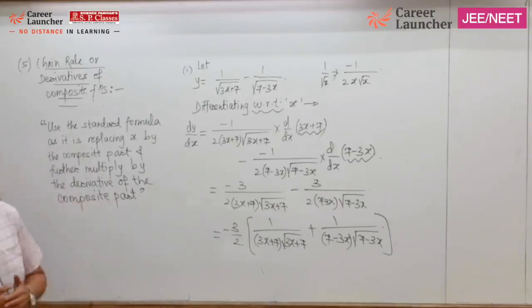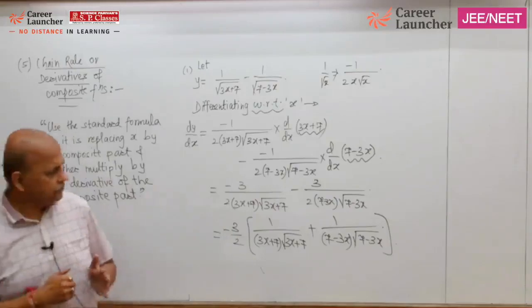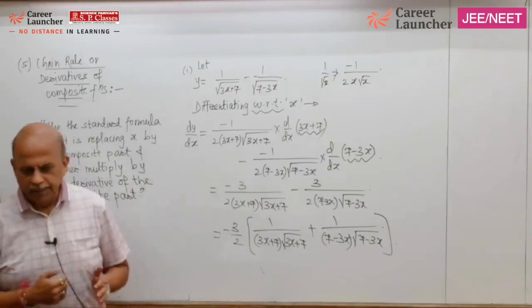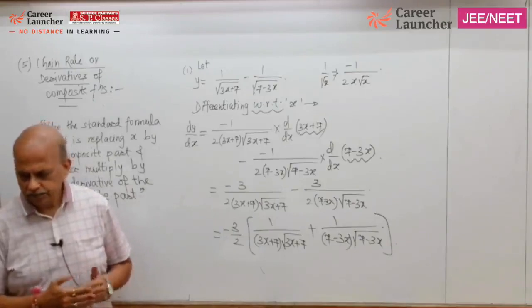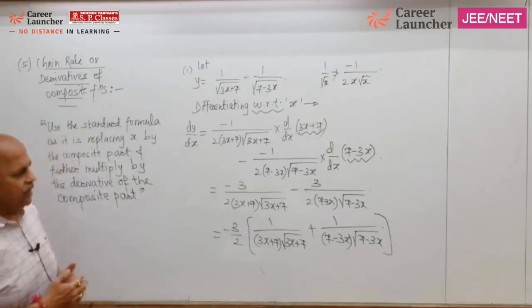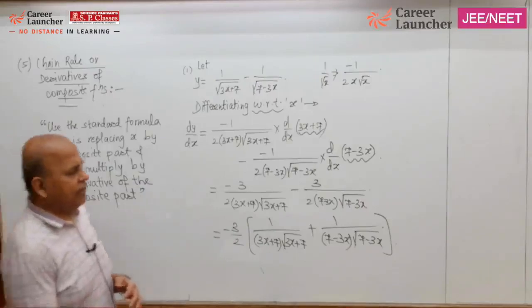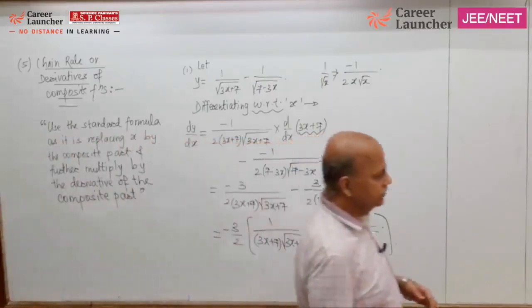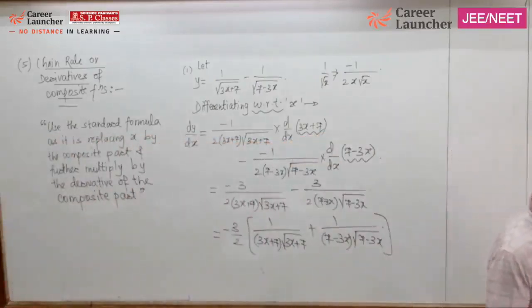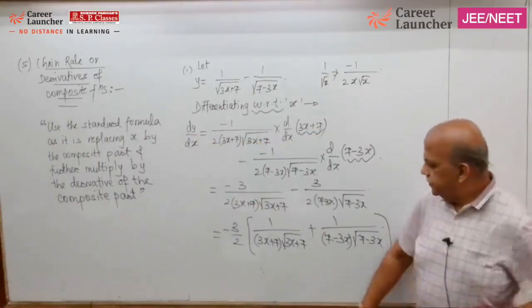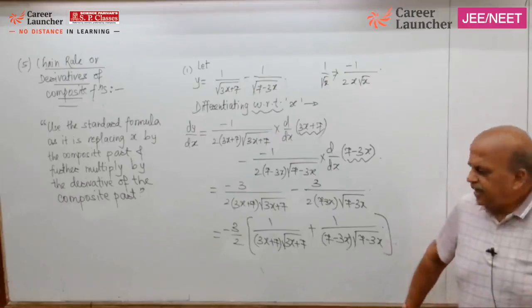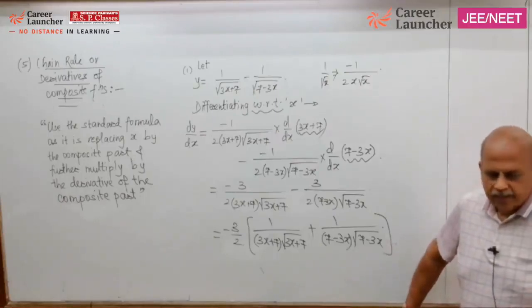Use the standard formula as it is, replacing x by the composite part, and further multiply by the derivative of the composite part. You will get the final answer. Getting it everyone?